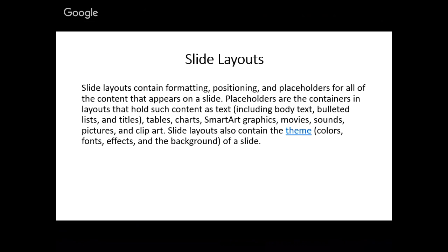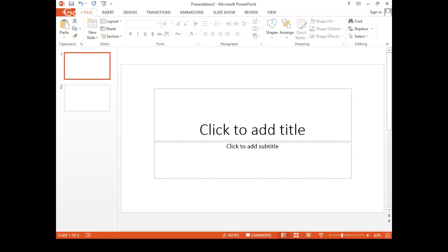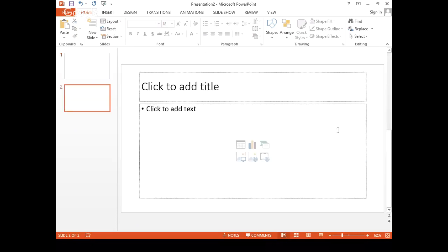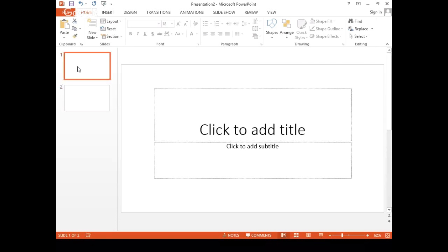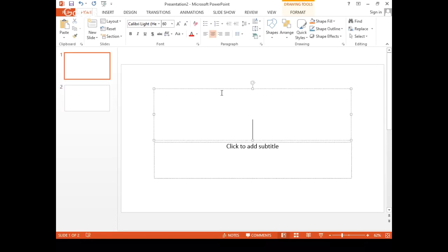You can see this when you look at our PowerPoint. This is our PowerPoint. Now you realize that on our PowerPoint we have this box where it says click here. So this is a placeholder, and it's a title placeholder. And this is also a subtitle placeholder.